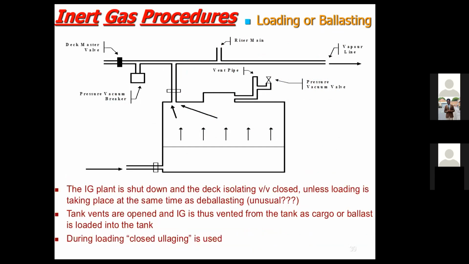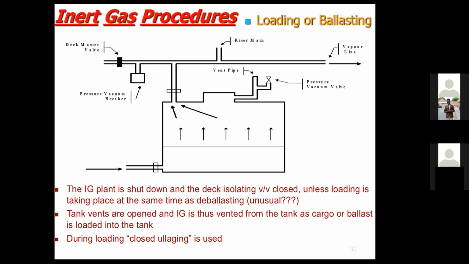So generally, when you want to gas free now, if you go to the IG, you still use the same IG generator, but you have to change it from inerting mode to gas free mode. So it's very important for you to know this.